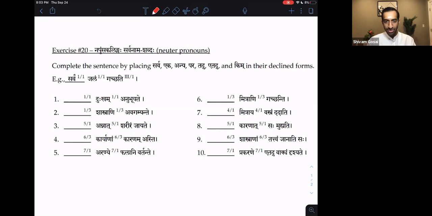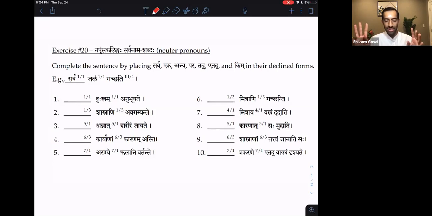Number 6 through 10 are the same kind of formations here. If you can try to close your eyes, or if you need to look at the book, we can go through them together. Ready? Tad, te, tani. You can say it again with me. Tad, te, tani. Tena, tabhyam, taihi.